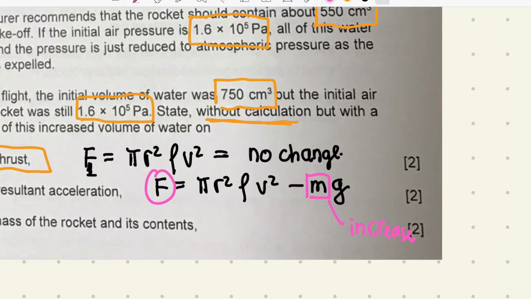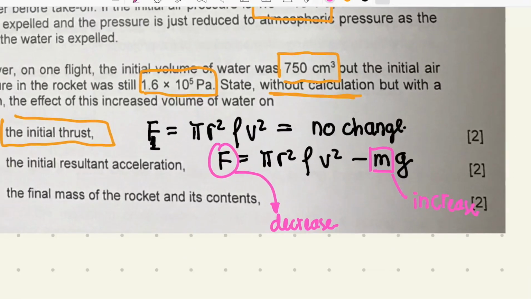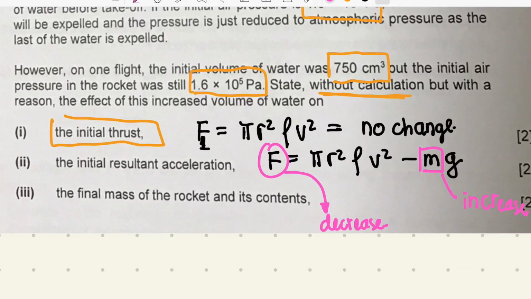The increase in m will decrease the resultant force, and it will decrease the acceleration also. It will decrease. Final mass of the rocket and its content: the final mass will be increased.